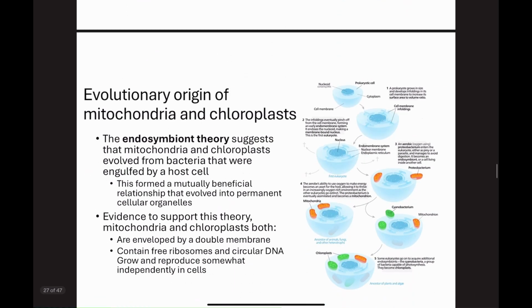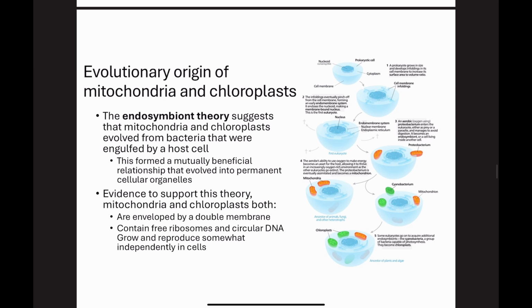So our mitochondria and chloroplasts have a theory that suggests where they evolved from, and that's called the endosymbiont theory. It suggests that our mitochondria and chloroplasts originated from free-living prokaryotic cells that were engulfed by an ancestral eukaryotic cell.